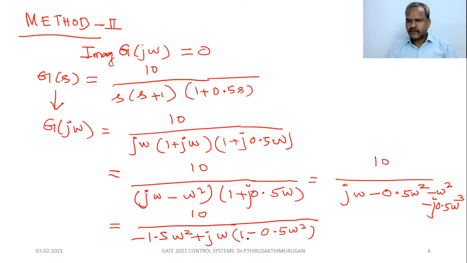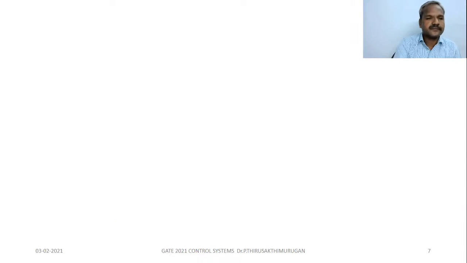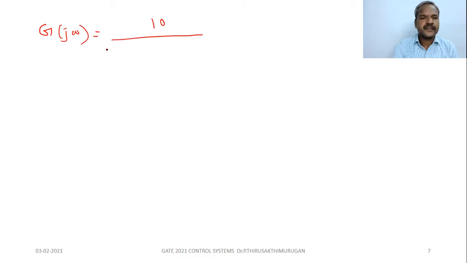So now rationalize. By multiplying and dividing by the complex conjugate of the denominator, G of j omega becomes 10 divided by minus 1.5 omega square plus j omega into 1 minus 0.5 omega square.